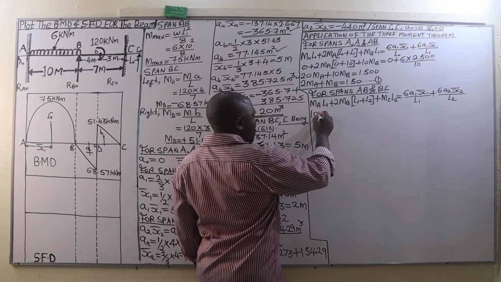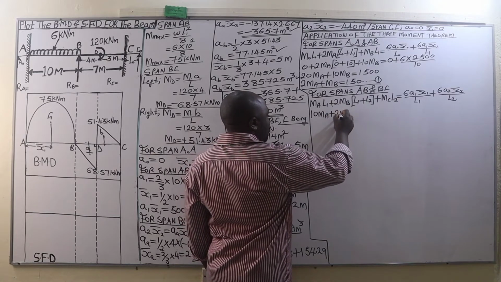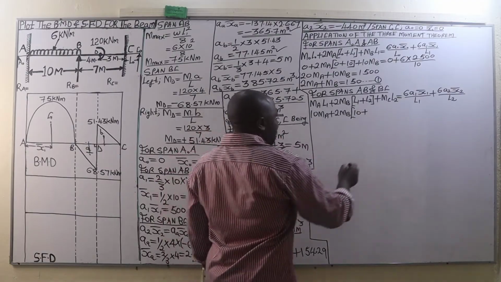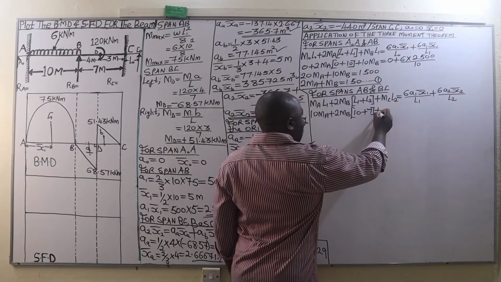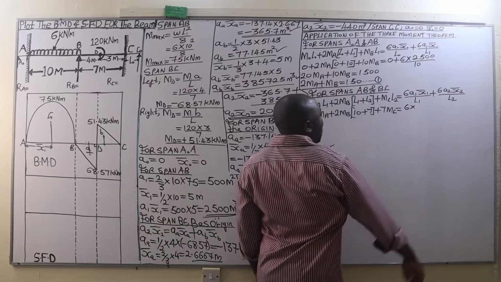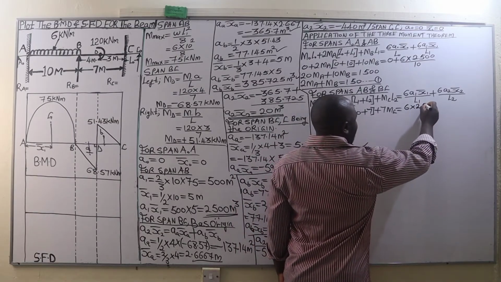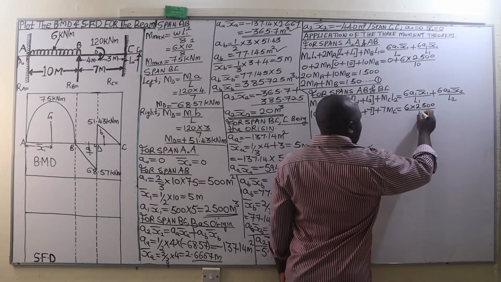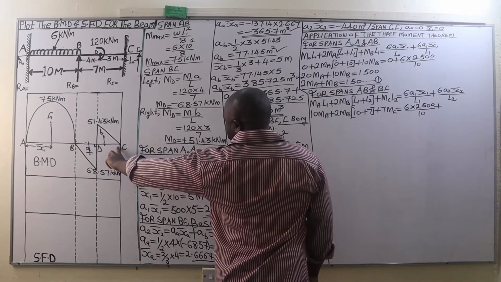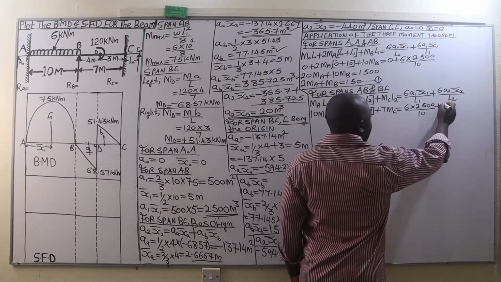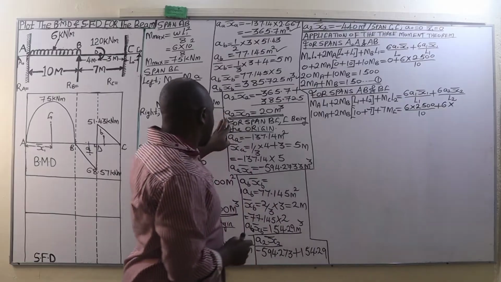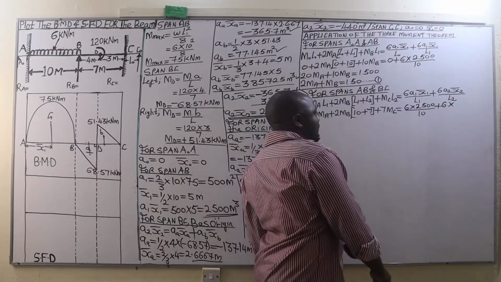L1 is 10, so we are going to have 10 MA plus 2 MB into bracket 10 plus the value of L2, which is 7 meters, plus 7 MC, which is going to be equal to 6 multiplied by A1 by X1, that is 2500, divided by L1, which is 10 meters, plus 6A2 by X2, and in this case C as the origin. So we are going to have 6 multiplied by A2 by X2 with C being the origin, that is negative 440.